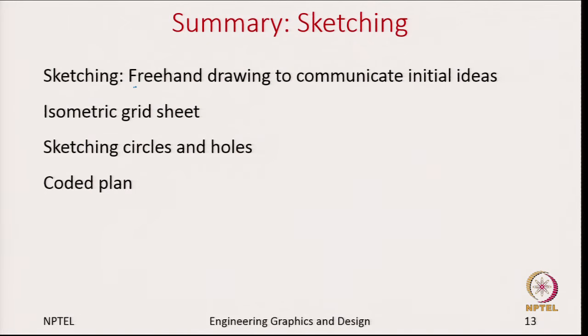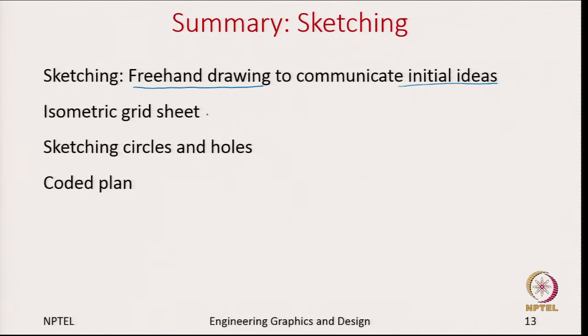So, let us see in summary what we have discussed. We said that free drawings, sketching, are freehand drawings which are done to communicate ideas quickly, and we do this at the initial step of the design where there is a lot of creative process involved. We also showed that we can use isometric grid sheets to develop the isometric views more easily using freehand.